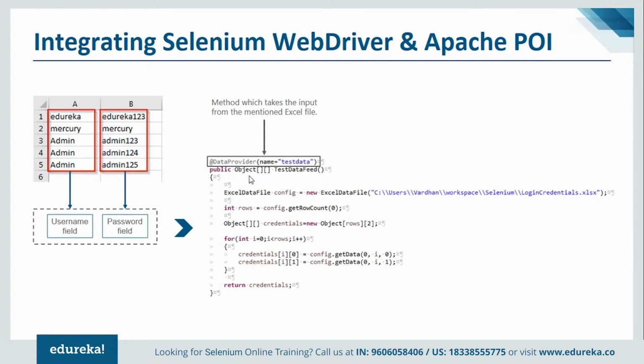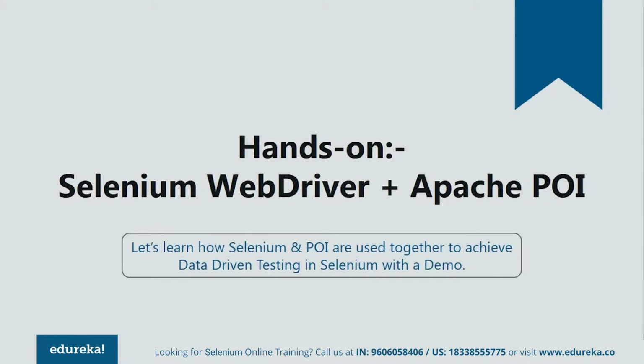Here is where I'm using the data provider, and I'm calling that Excel file. I'm providing the path where it's present. This might be a little confusing right now, but when I get started with the demonstration, I could explain it in a better fashion. So let's go to the hands-on now and see how this can be achieved.